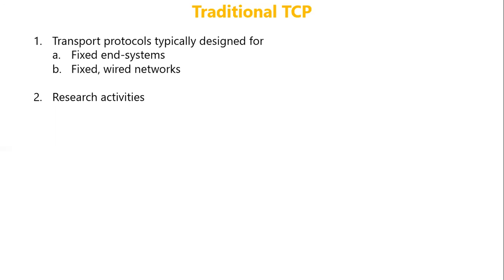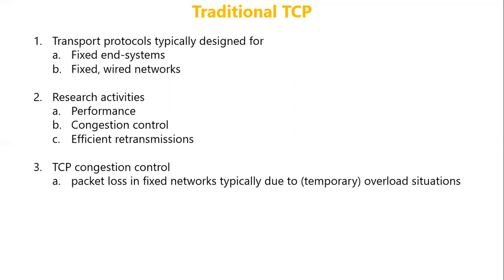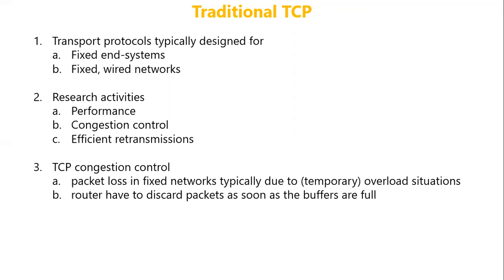Data transmission takes place using network adapters, fiber optic cables, copper wires, all this special hardware. With this hardware, there is very little probability of packet loss due to transmission error. Most of the time, if there is a packet loss, it is due to congestion.